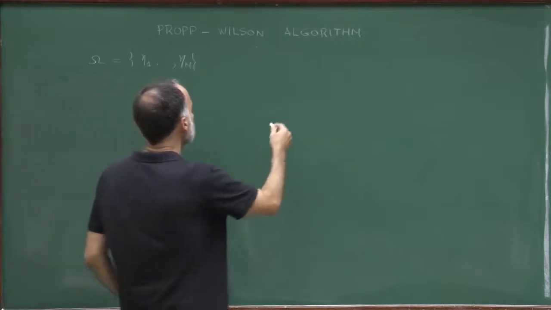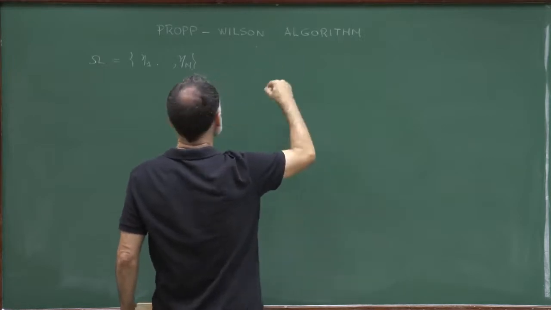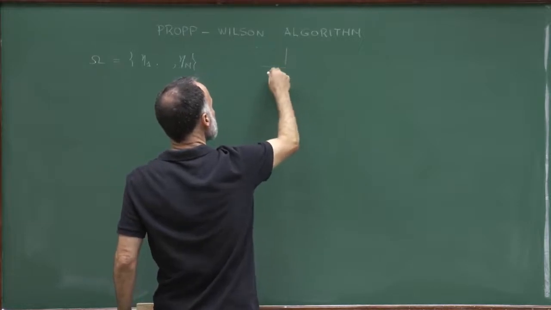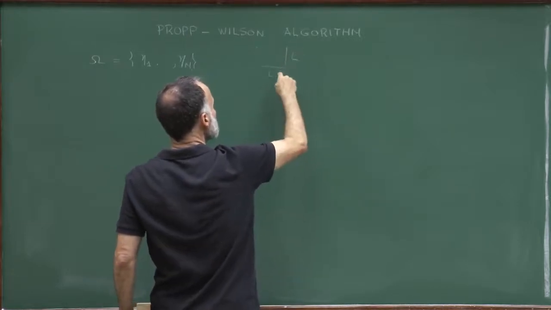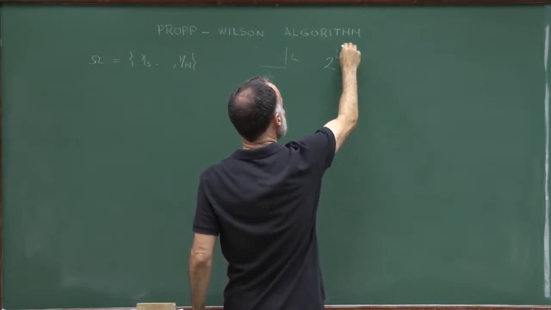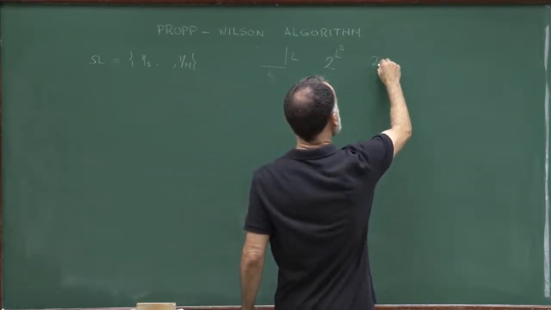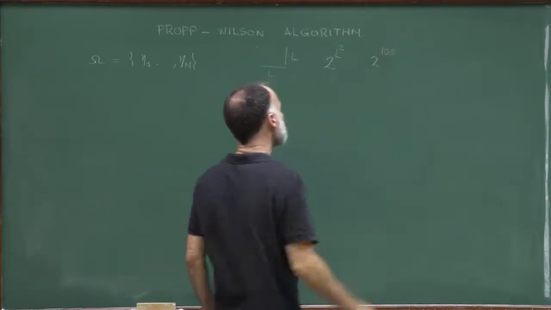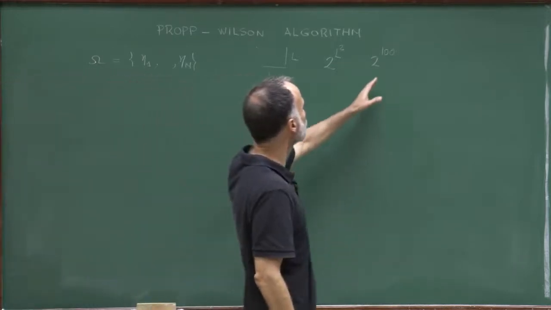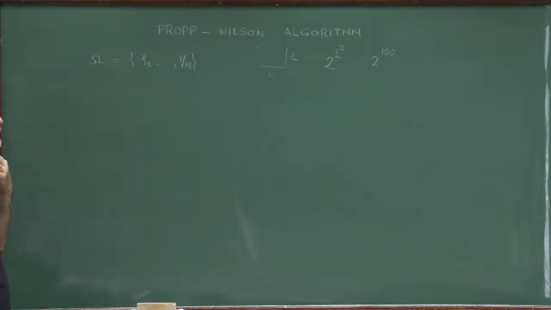And typically, in the coloring model or in the hard-core model, if you are working in a two-dimensional space which has L by L sites, the number of configurations will be of the order of 2 to the L squared. So if L is equal to 10, that will be 2 to the order 100. And this is, of course, too large. You don't want to run 2 to the power 100 Markov chains. So this is a first objection.